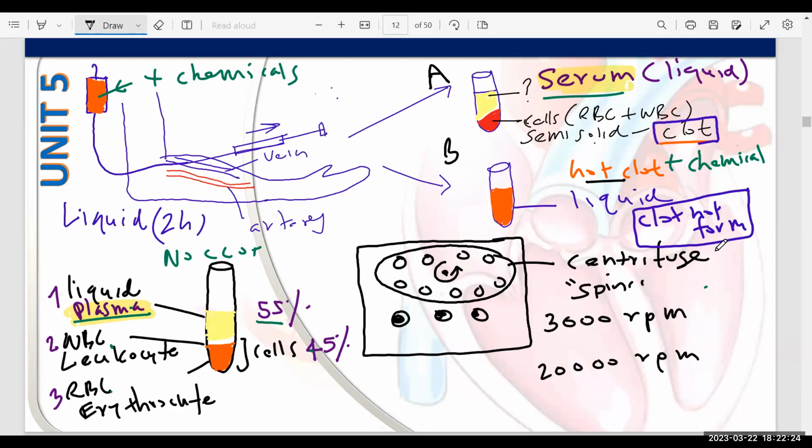You have a question to answer in the structured question: write the difference between serum and plasma.